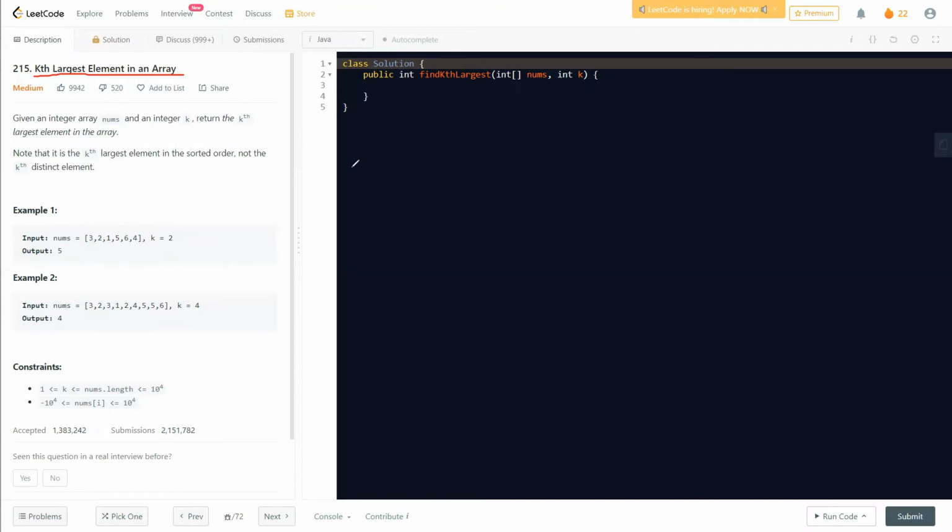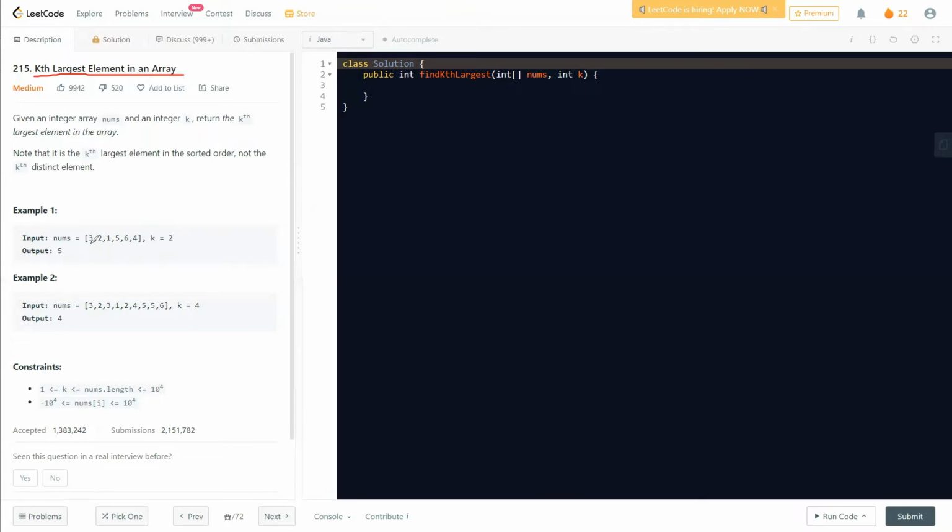Something we need to know here is that this quick select algorithm is more like our quick sort algorithm. The partition part of quick sort is exactly the same as the partition part of quick select. So quick select is just a variation of quick sort, and it is an optimized way to find the kth smallest or the kth largest element in an unsorted array.